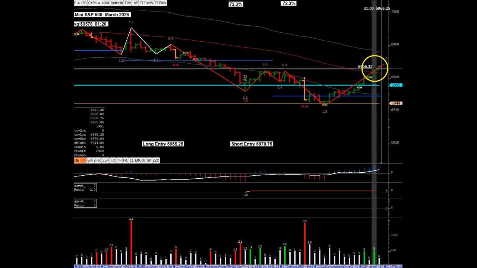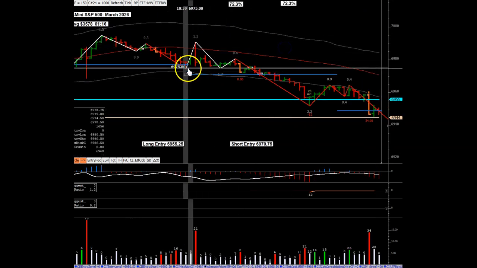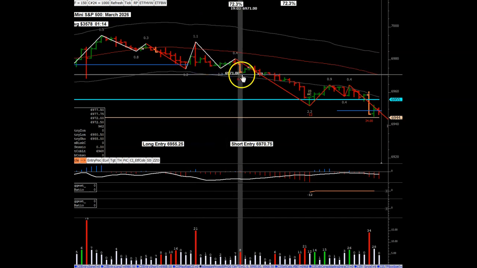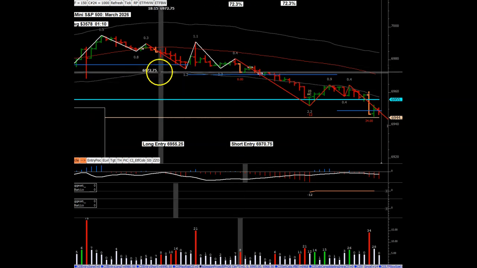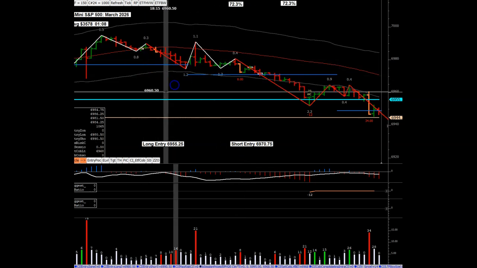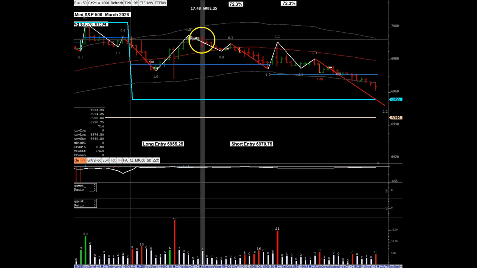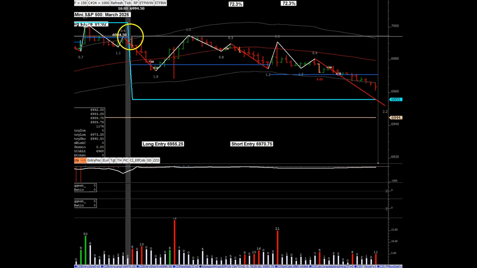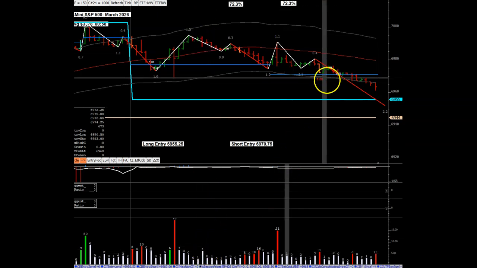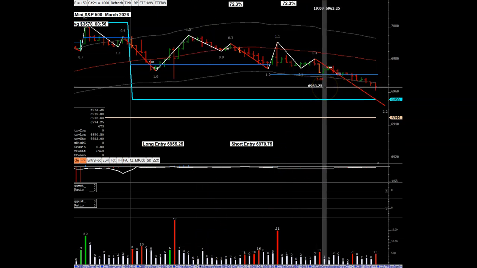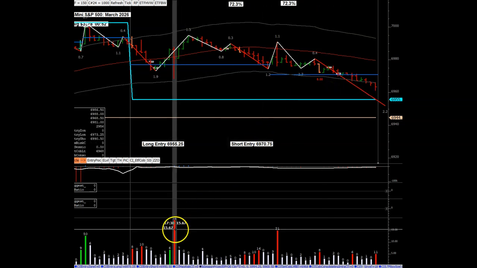So you see an expansion in the range. This always happens. Even these lows, when they break, they expand. Price expands. Even on the reversal, it expands. So if you understand that, you can put the picture together.